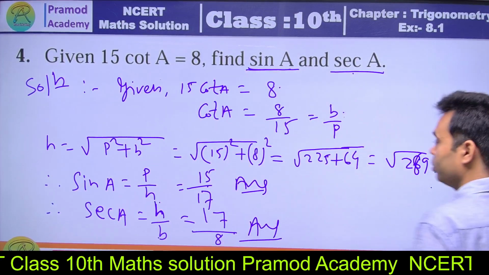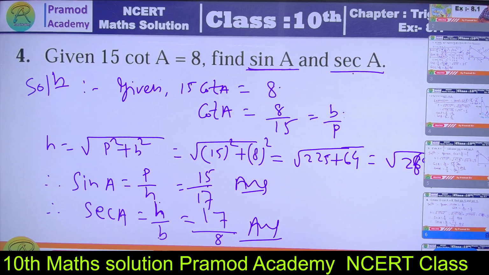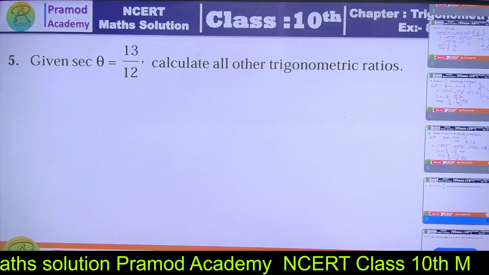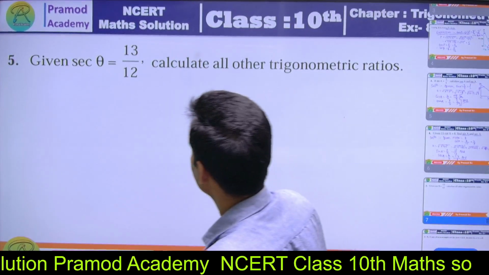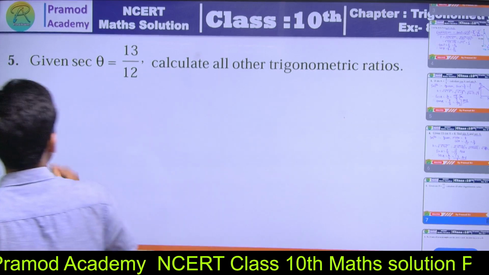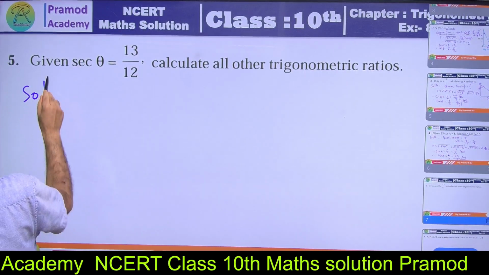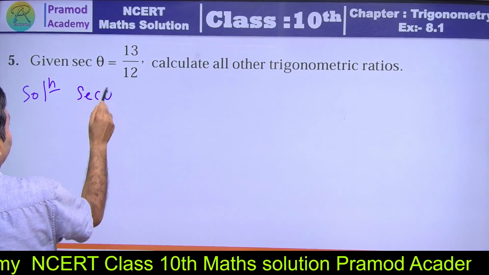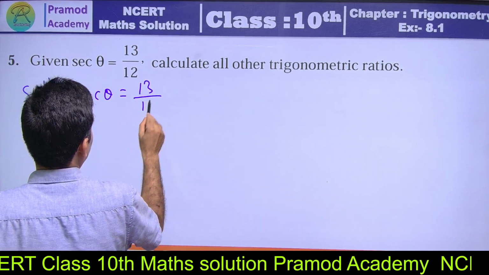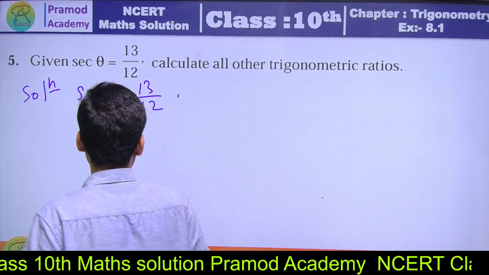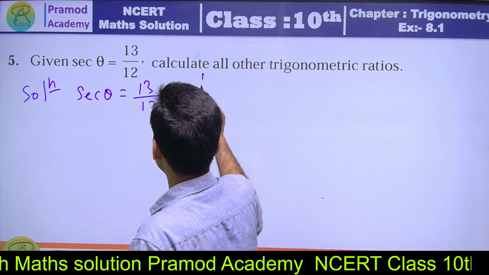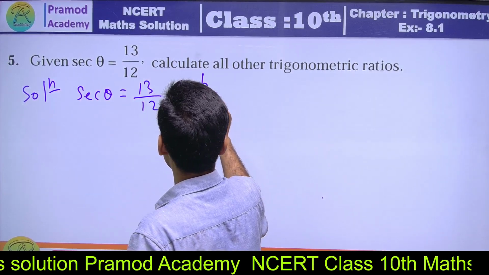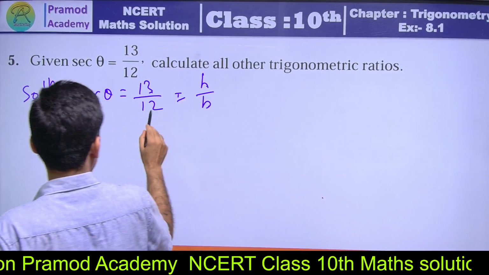Next, question number 5. Here given sec theta equals 13 by 12. Solution, sec theta equals 13 by 12. Yes, the formula of sec theta equals H by B. So the value of H is 13 and the value of B is 12.